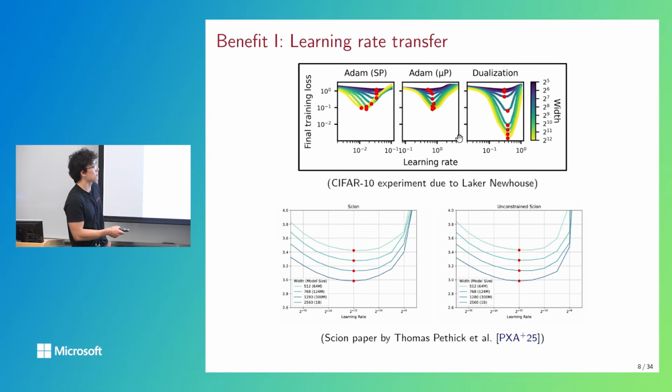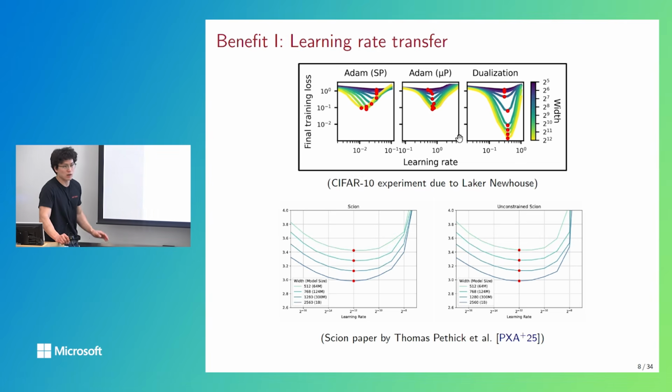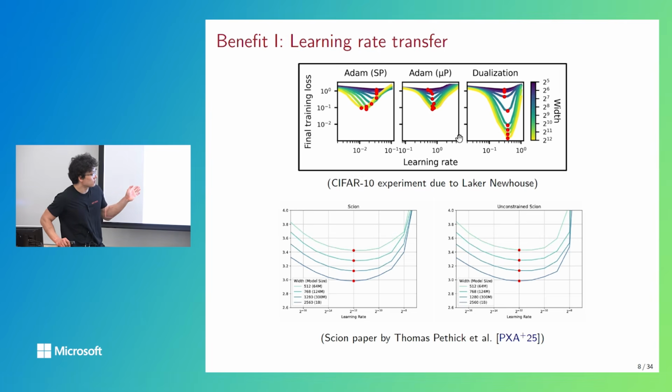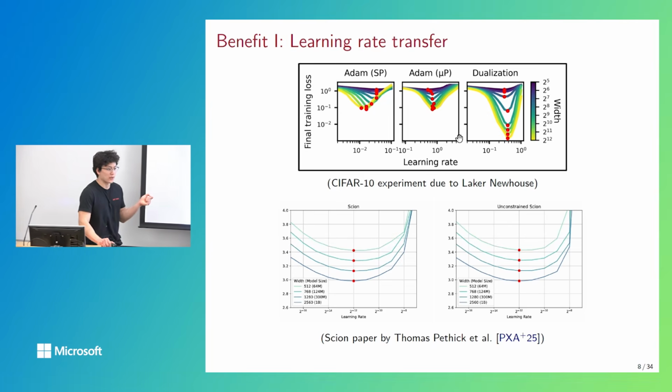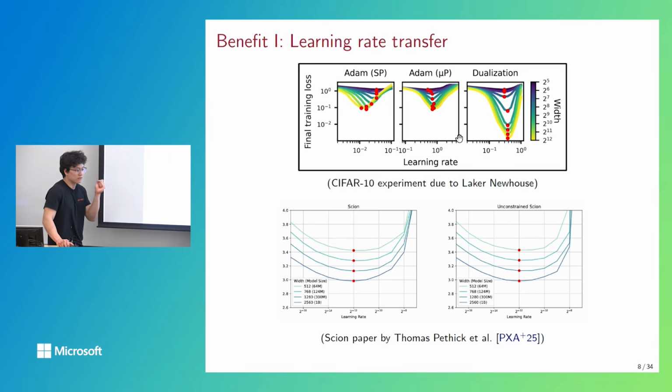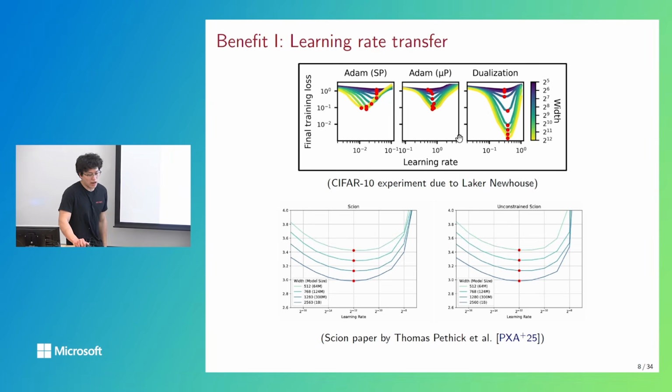This plot is in a similar spirit as the one above, where across different scales, you're just sweeping across learning rates and seeing which one gives you the optimal. And you see that the alignment is very clear with this recipe. So in general, orthonormal updates or optimizers give you clean hyperparameter transfer. That's one benefit coming out of the theoretical principle.